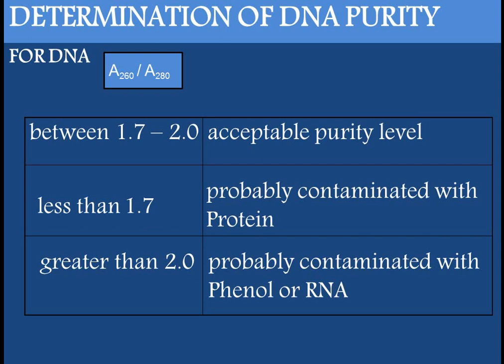If you get a ratio between 1.7 and 2, the purity is acceptable. If you get a ratio less than 1.7, the sample is contaminated with protein. If you get a ratio greater than 2, probably your sample is contaminated with RNA or phenol.